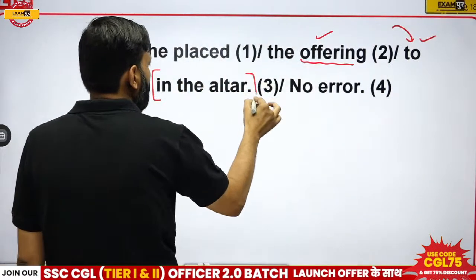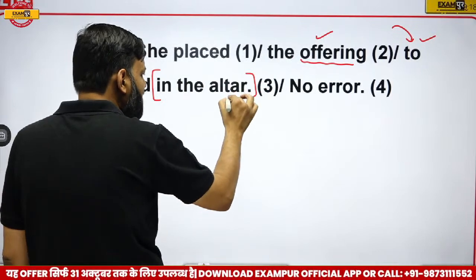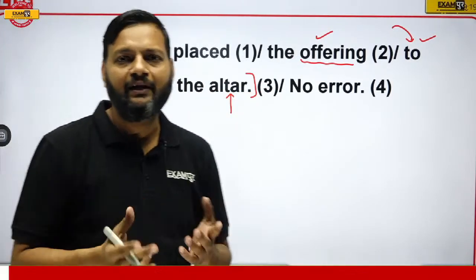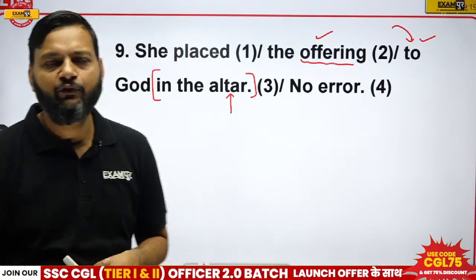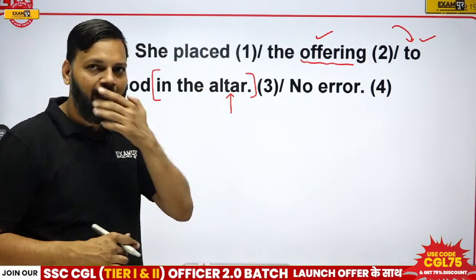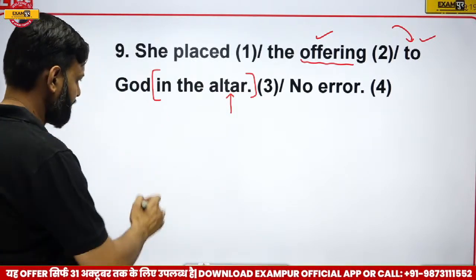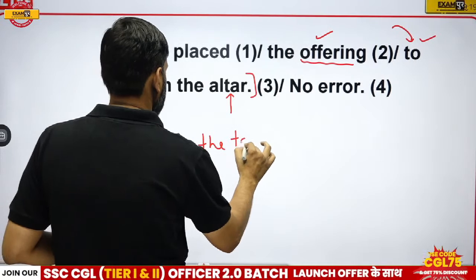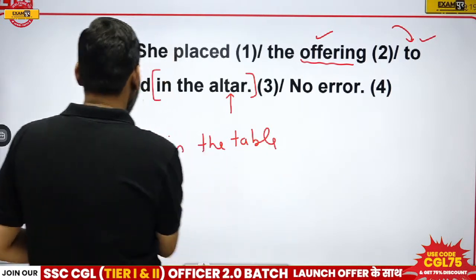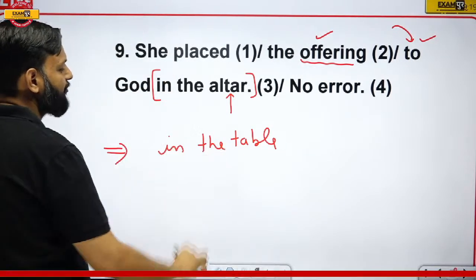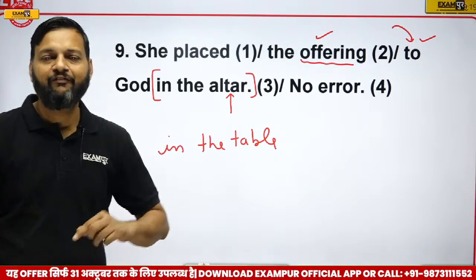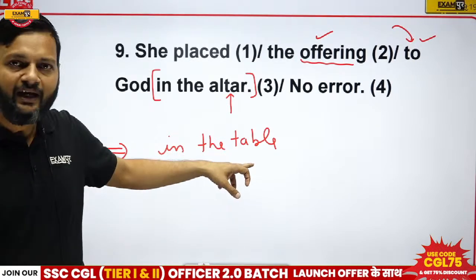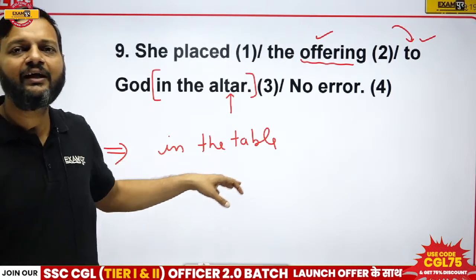In the altar. Now, if you do not know the meaning of this word, you cannot tell the error. Okay, if you do not know the meaning of this word, tell me one thing. What is the error in this statement, in the table? If I write in the table, is this phrase correct, or is there any error?